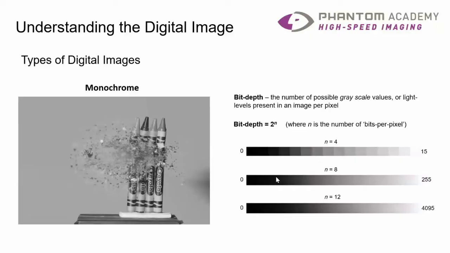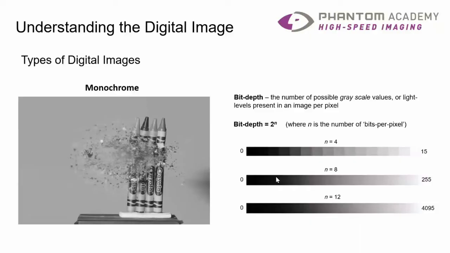A monochrome image, in general, is represented in terms of bit depth. Bit depth is the total number of grayscale values or light levels that you could present in your image. For example, for an 8-bit image, the total number of grayscale values is 2 to the 8th, which gives you 256 different gray values, with 0 being black and the brightest being 255.